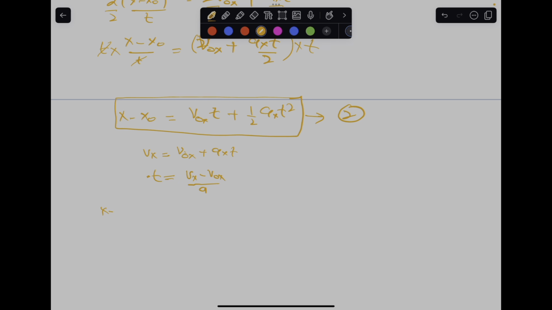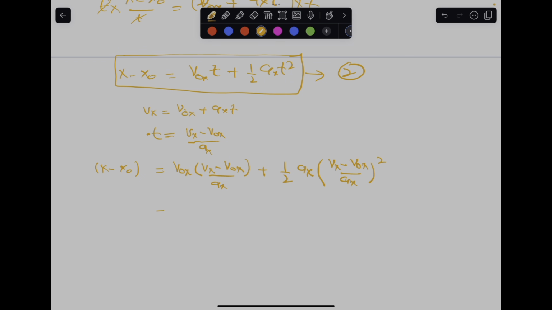So we get x minus x naught is equal to V naught of x, and t has a value Vx minus V naught of x over ax, plus 1/2 ax, and t has a value Vx minus V naught of x over ax, squared.